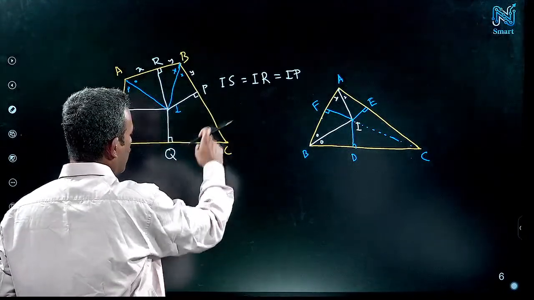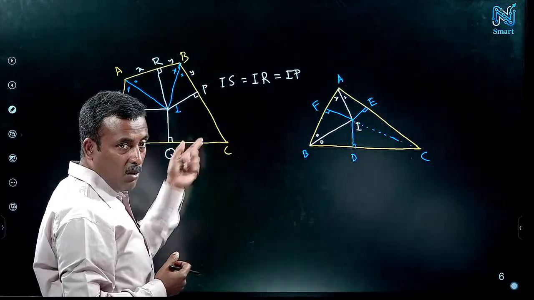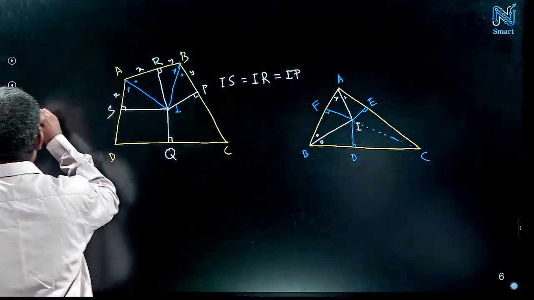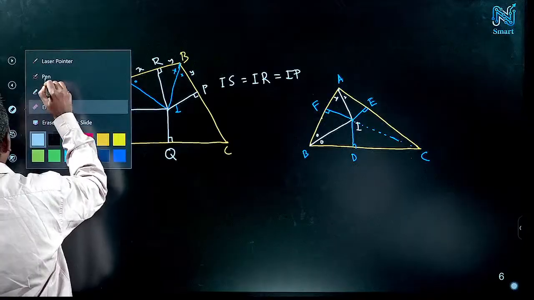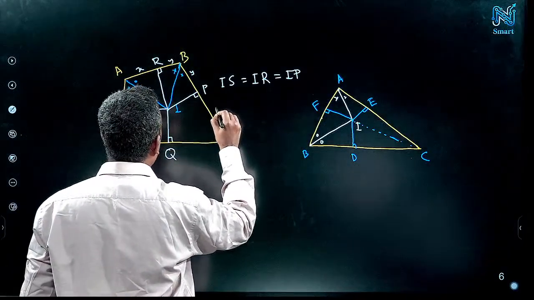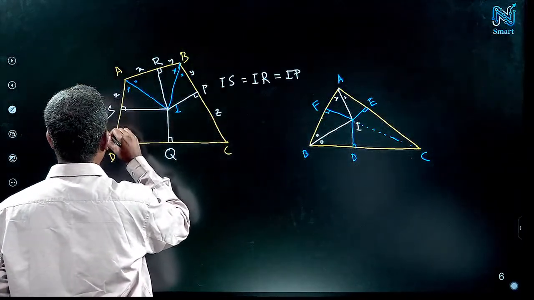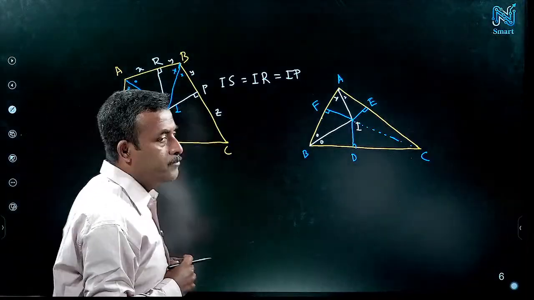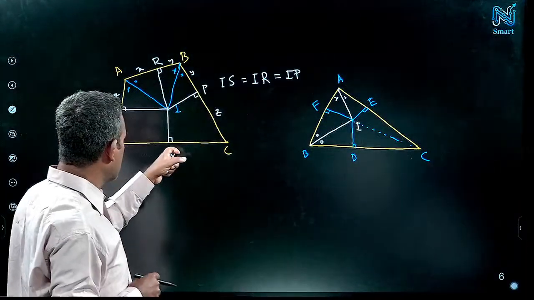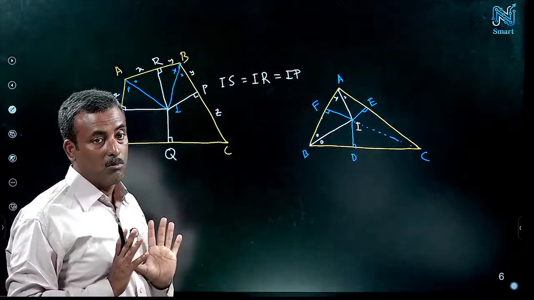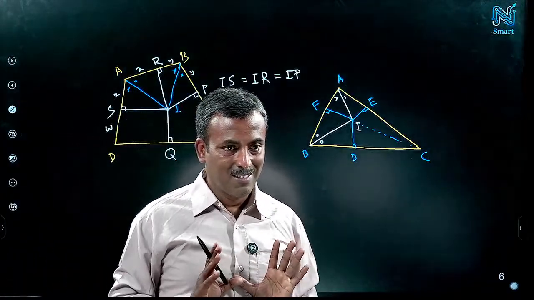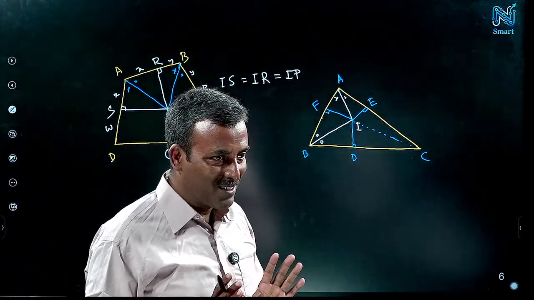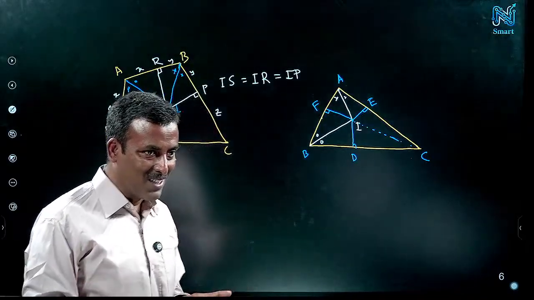Now we don't know whether they are equal or not. If they are equal, then done. Okay, we write this as Z and this as W. We don't know whether CQ is Z or DQ is W, right? We have to prove this for the incircle.